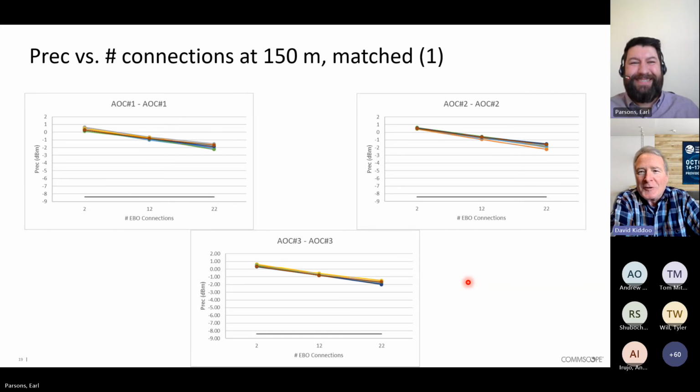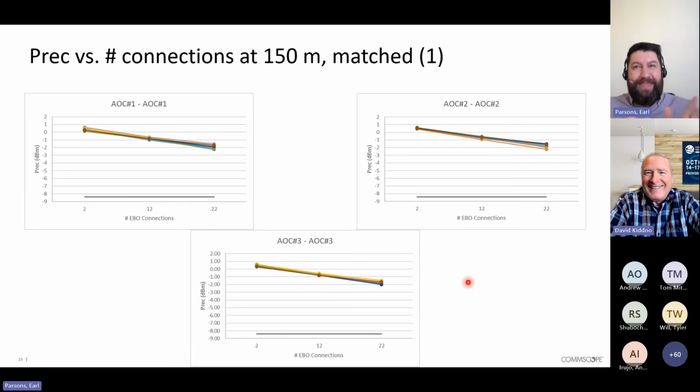That sounds like a loaded question, but no, I think that's a fair question. Yeah, that was part of it, just the nature of this test. What was requested from us, or from my co-authors, they were looking at, if we're using AOCs, how does this compare to AOCs? So that's part of it, the specific ask from my co-authors.